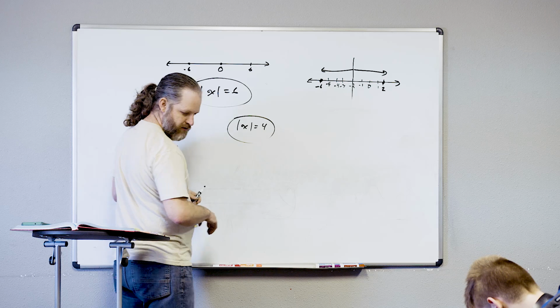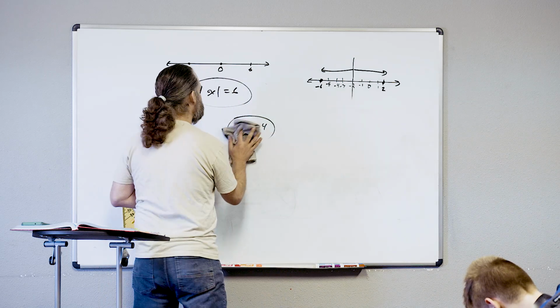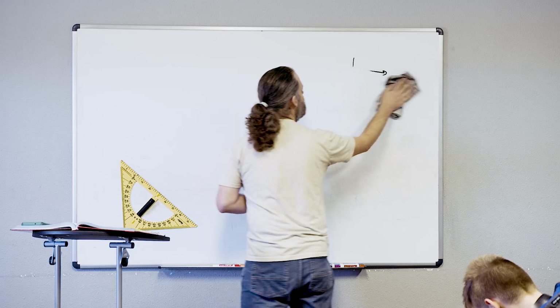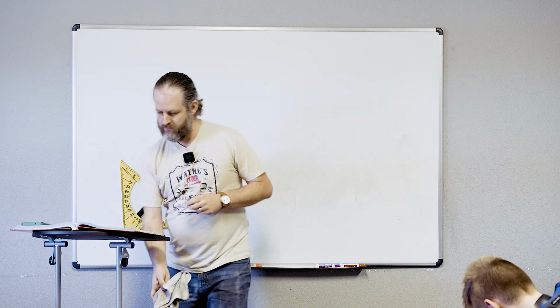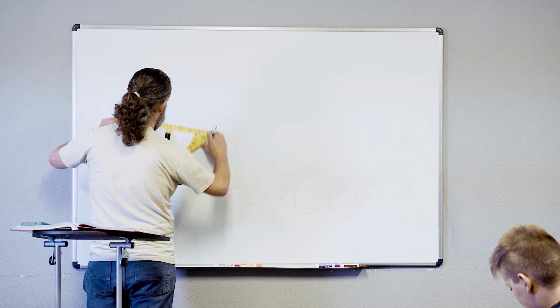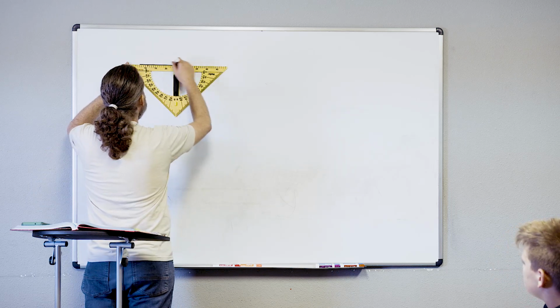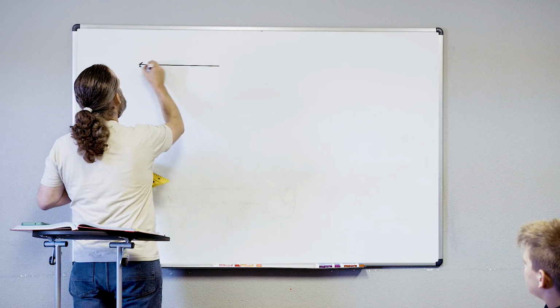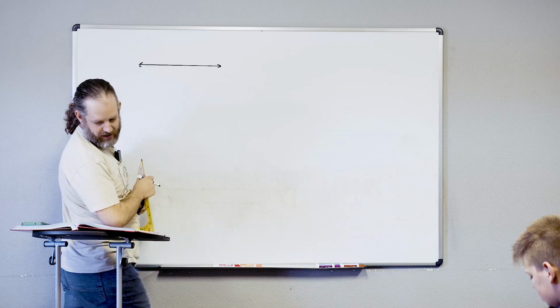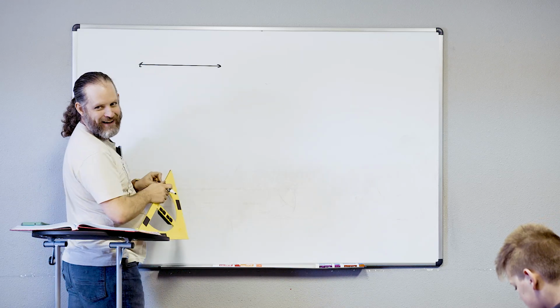I'll draw it on the board while y'all look. Absolute value of x minus 1 equals 5, he says. I don't think so. Look again.